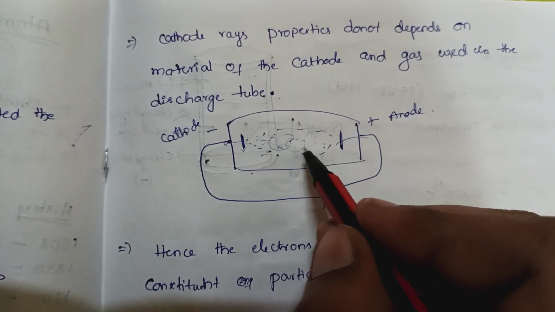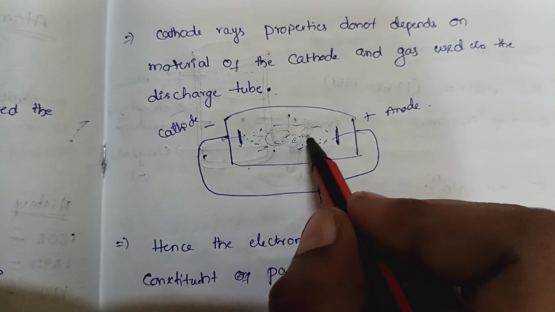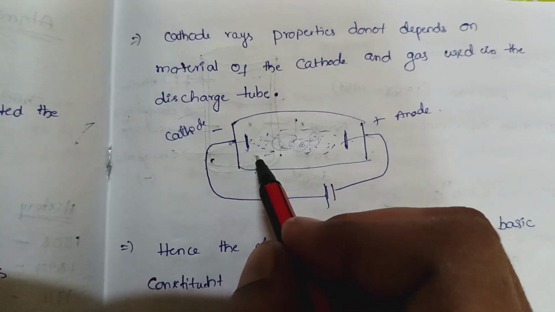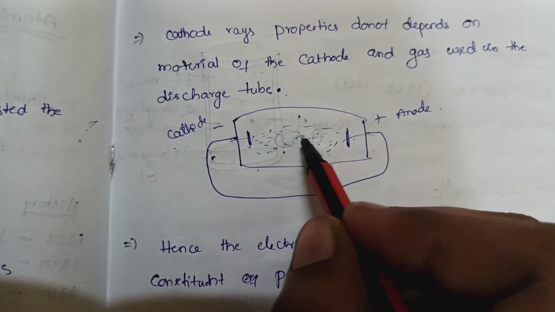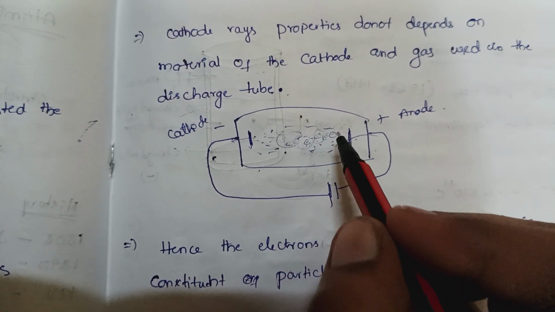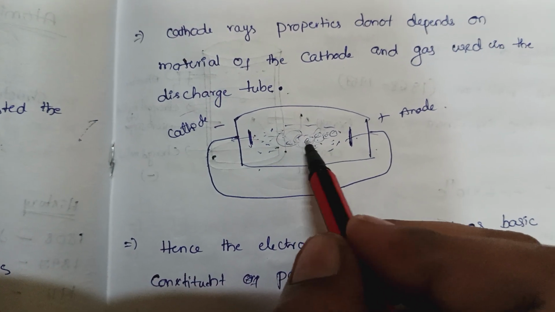Whenever high voltage current is applied, the electrons are attracted towards the anode. So whatever gas is used in the discharge tube, electrons will generate. It does not depend on the gas used in the discharge tube.